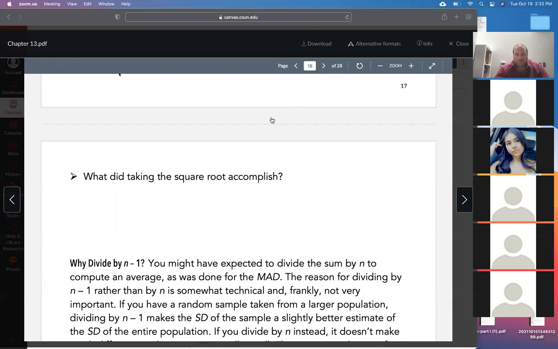Someone chatted, bring back values to original. Be more specific. When you square the number, it changes it from a negative to a positive, and then rooting it sends it back to the value that it would have been if we absolute valued it. You sure about that? Now I'm not.